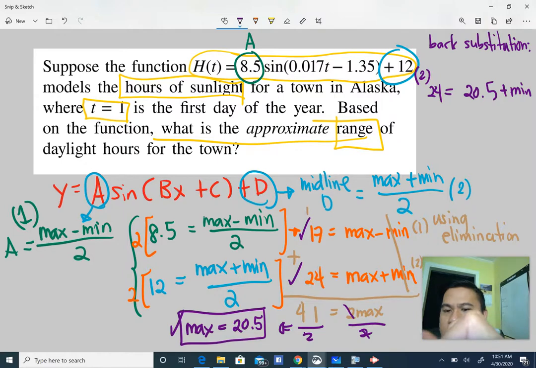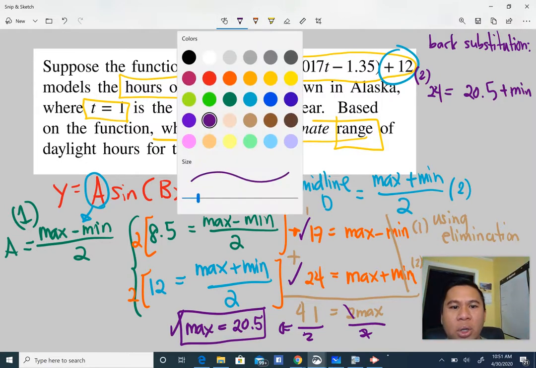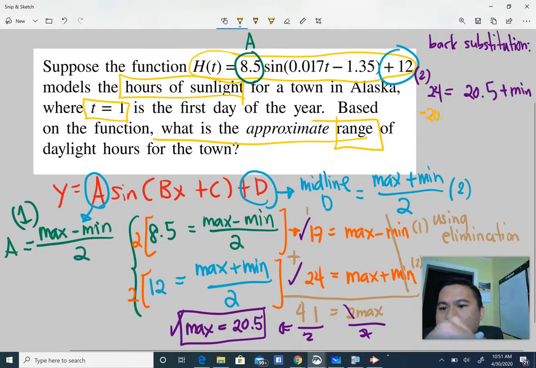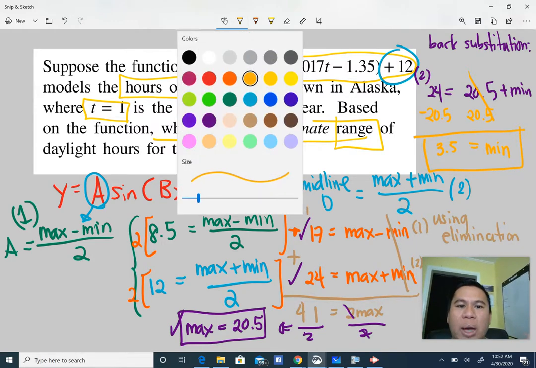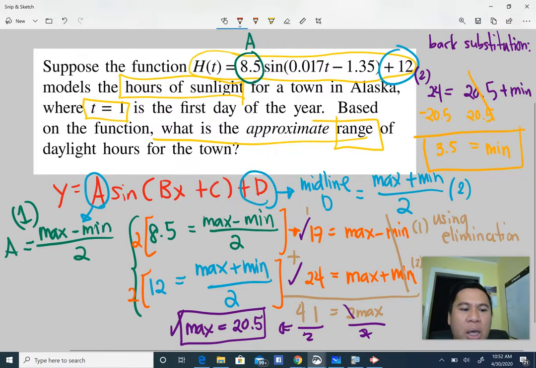So I can subtract both sides by 20.5 to get my minimum value. On the right, the 20.5 will cancel out, and 24 minus 20.5 will give me definitely a 3.5 value. So there we go, we have our answers now.